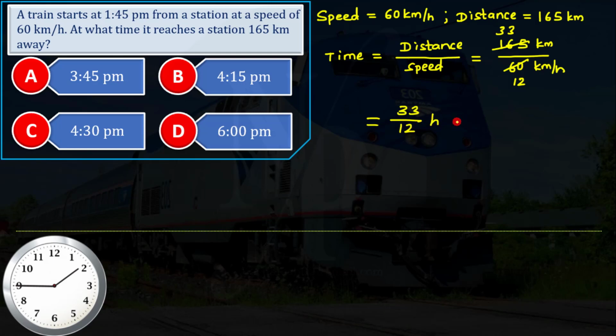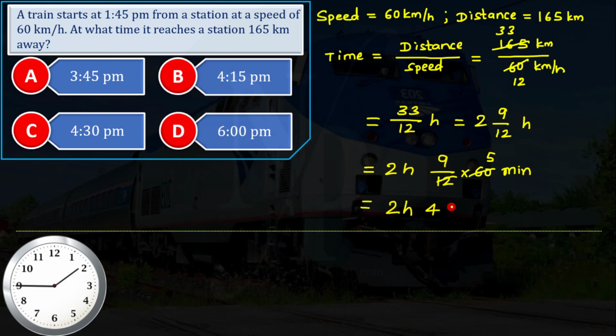Further, dividing 33 by 12, 12 2 times is 24, 9 is the remainder, so I get 9 by 12 hour, which can be written as 2 hours 9 by 12 into 60 minutes. So here I am converting 9 by 12 hour into minutes by multiplying 60. 12 ones are 12, 12 fives are 60, 9 into 5 is 45, which gives 2 hours 45 minutes. So the train takes 2 hours 45 minutes to reach the other station.